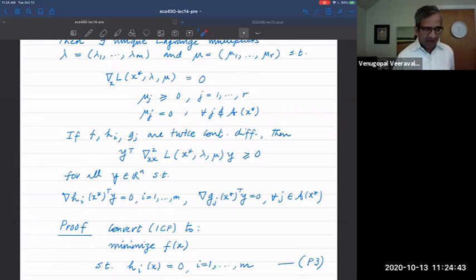You remember our V of x star, but V of x star is now defined with not just the gradient of the HIs, but also the gradients of the GJs that are in the active set. So we require all these to be 0. Only for those y's for which all these inner products are 0 do you need to check the PSD condition.